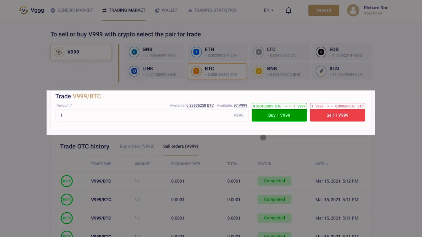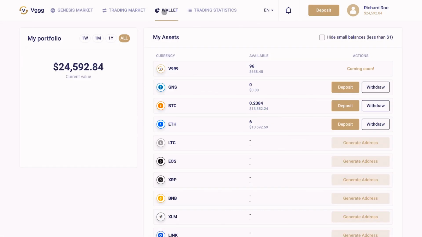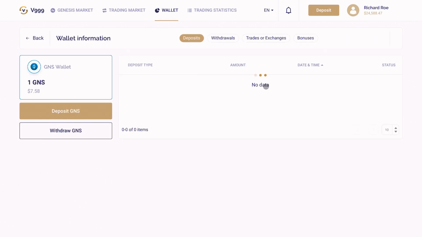Remarkable about trading the V999 token is that you generate trade mining rewards by trading the V999. The trade mining rewards will be immediately booked into your GNS wallet and listed in the bonus section.